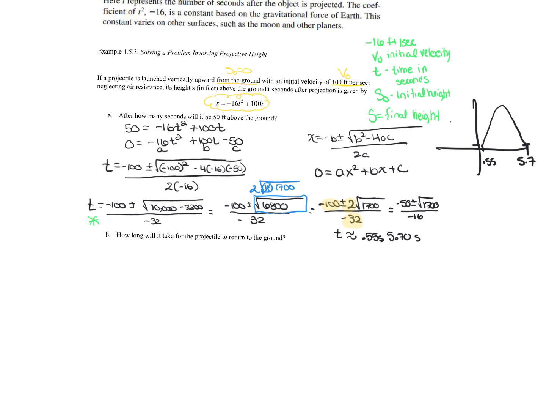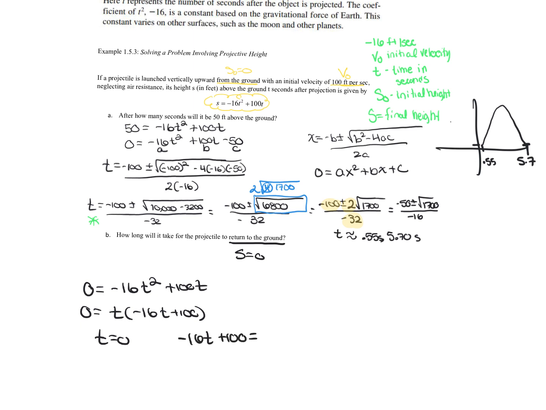Letter B says, how long will it take for the projectile to return to the ground? If it's returning to the ground, then s equals 0. So 0 equals negative 16 t squared plus 100 t. It already equals 0, so factor out a t. They have a t in common. t times negative 16 t plus 100. t equals 0, or negative 16 t plus 100 equals 0.